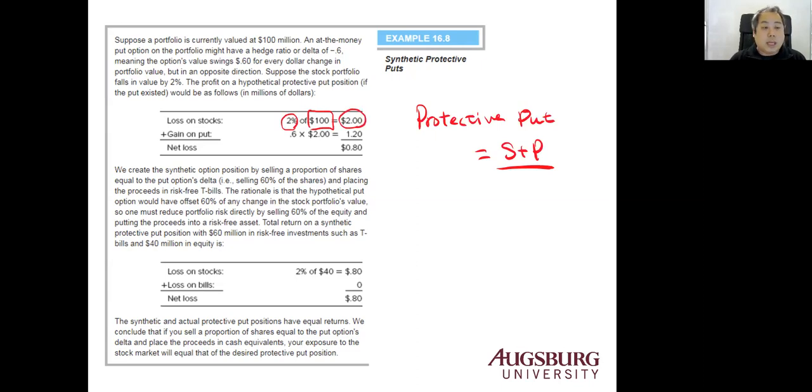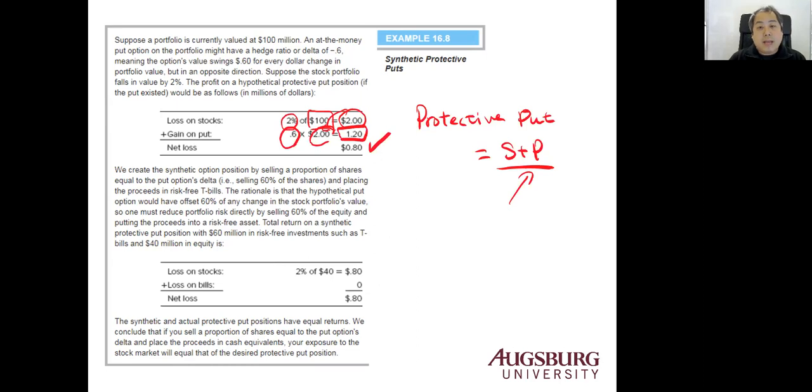But you also gain from the put option because you exercise it, right? Your gain is 0.6 times $2 million, so 1.2 million, which means you only lose $0.8 million. So that's the protective put.